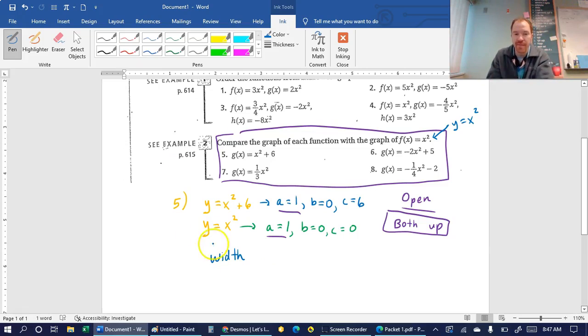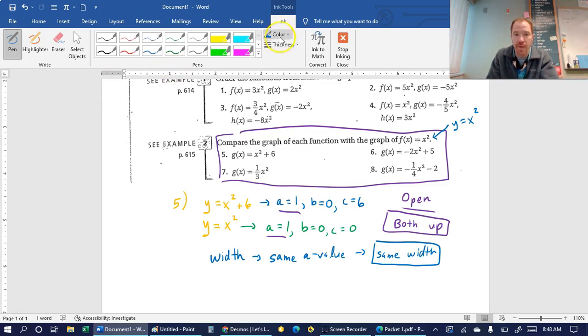Since they have the same value for a, they're going to have the same width. One is just as wide as the other. There's not one that's narrower, not one that's wider.